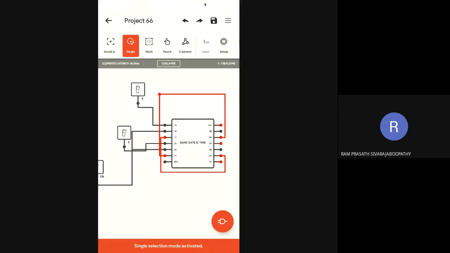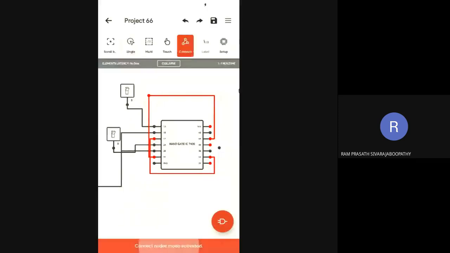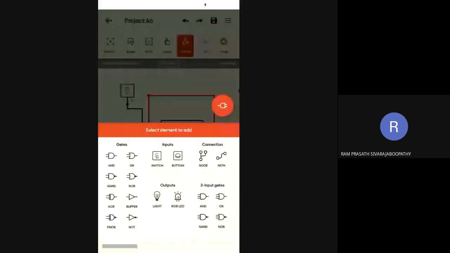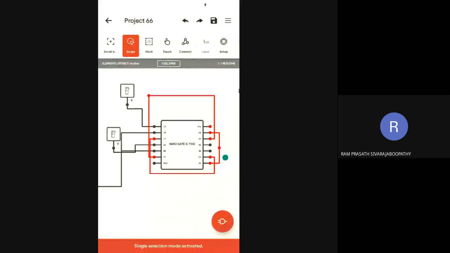3Y is the output of the third NAND gate. Where should it be given? I am going to give it as another input to the fourth NAND gate, at 4B. Similarly, the output of 4Y, where should I give it? It has to be given at the node. Sorry.